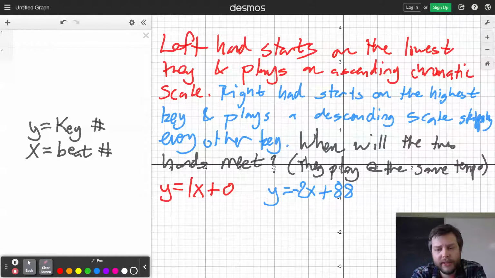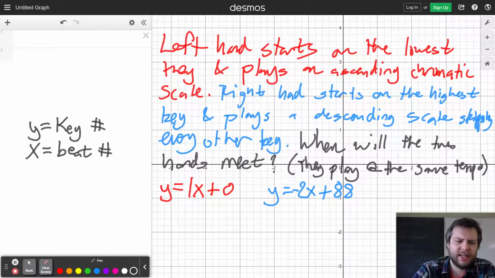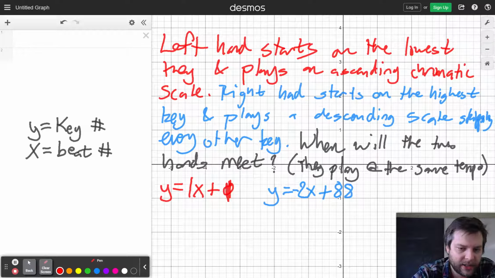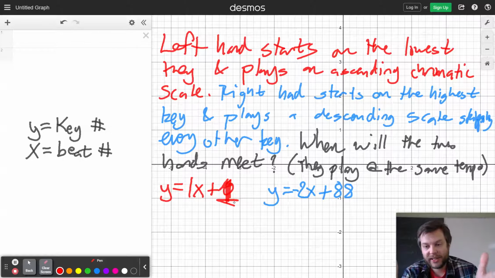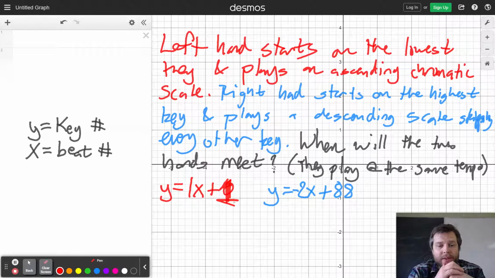And then when x is 0, the blue equation is at key number 88. And actually, now that I'm thinking about it, I guess I shouldn't call it key number 0 because then that would mean there's 89 keys. So I think this is one of those situations where maybe we should have a y-intercept of 1 here for the red equation. That way, the first key is the A at the bottom there. So if you plug in x equals 0 for beat number 0, the left hand is on key number 1 and the right hand is on key number 88.